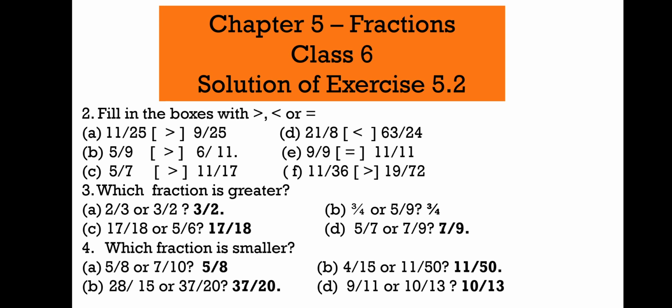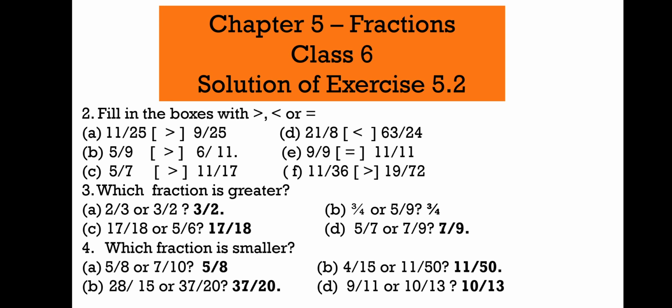Correct it. 11 upon 36 is greater than 19 upon 72. Again, when you multiply it by 72, you will get greater, and therefore it will be greater. Which fraction is greater? Here 2 upon 3 or 3 upon 2? It is 3 upon 2, because that is an improper fraction. 3 upon 4 or 5 upon 9?